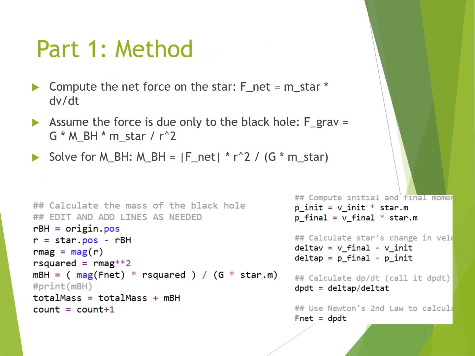So the method was I computed the net force of the star, which is equal to the mass of the star times the change in velocity, and I assume the force is due only to the black hole, which is gravity equals G times mass of the black hole times mass of the star, all divided by r squared. So when I solved for M_BH, mass of the black hole, I got the net force times radius squared divided by G times the mass of the star. And the code below is the same code as the last slide.